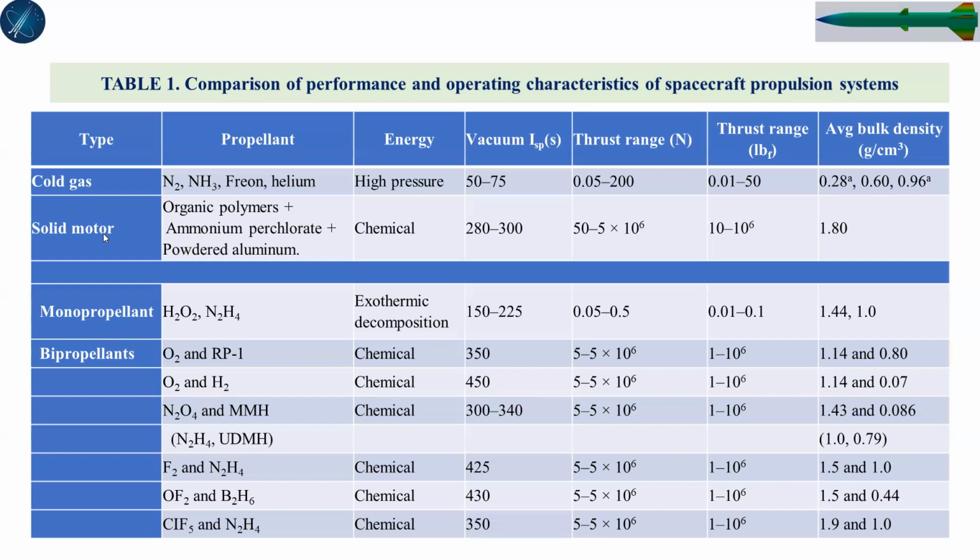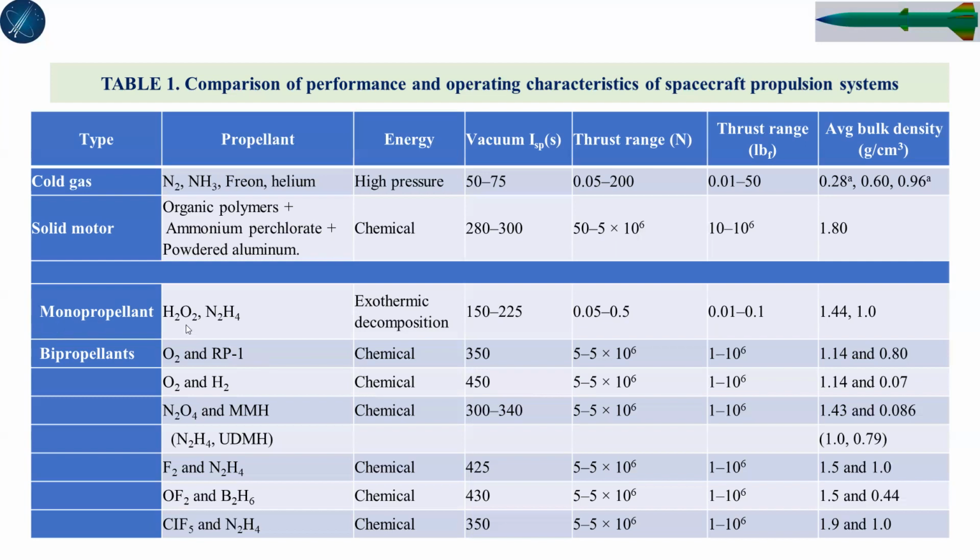This combination of organic polymers, ammonium perchlorate and aluminum gives us some chemical combinations, and the ISP is from 280 to 300, and the thrust range is 5 to 50 times 10 to the power of 6 Newton. That is a big thrust.